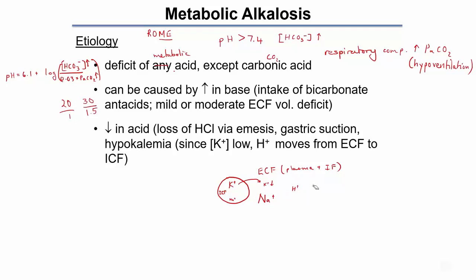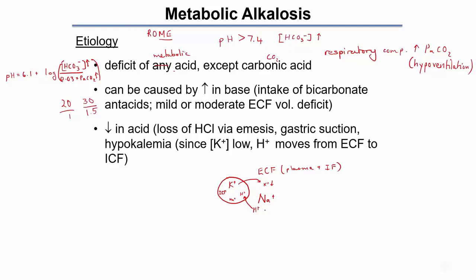And maybe instead of drawing the H plus over there, let's draw the H plus over here. The charges are not balanced anymore. If you take out a potassium, you've got to balance the charge. You've got to take in another cation, but instead of sodium, the way it works, because of the transporter, it's a potassium-proton counter-transporter. So potassium moves out of the cell to correct for the hypokalemia, and the proton moves into the cell.